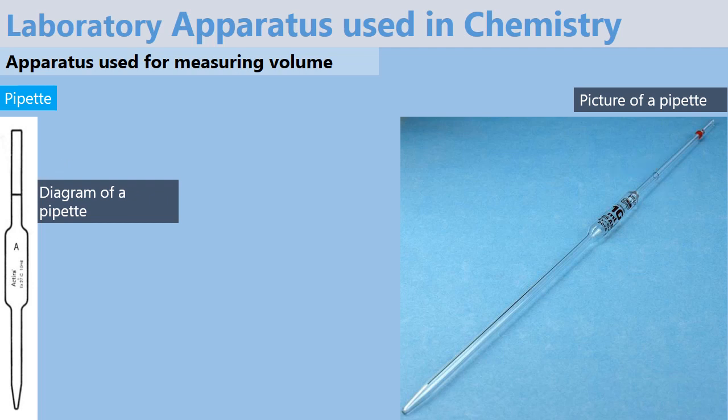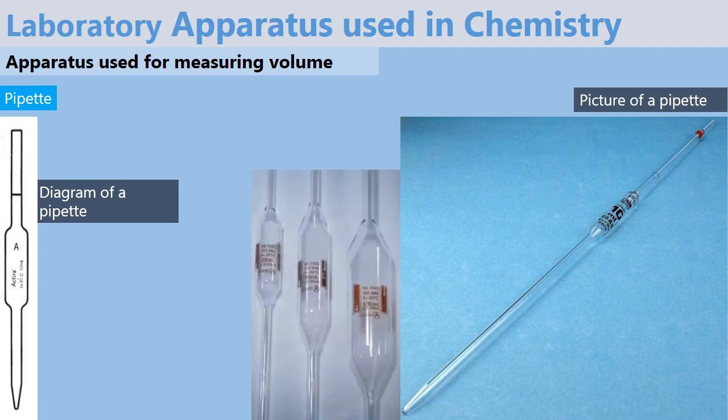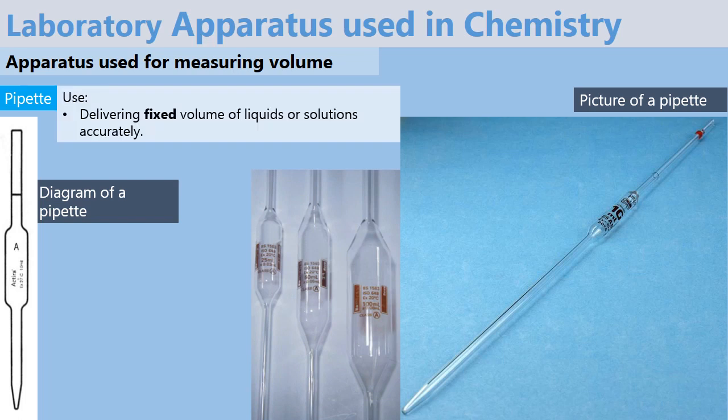Now let us see what it is used for. A pipette is used for delivering fixed volume of liquids or solutions accurately. For example, this pipette here is used for delivering 10 milliliters of liquid or solutions accurately.